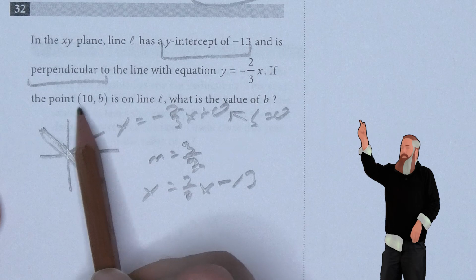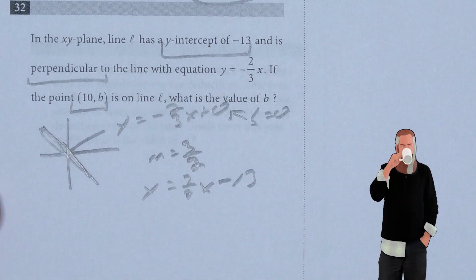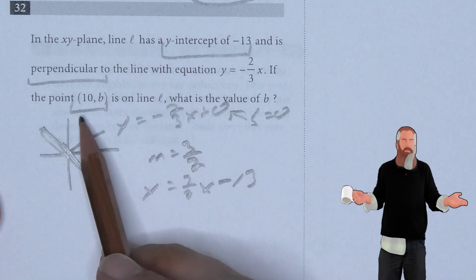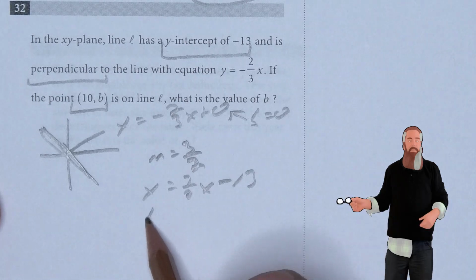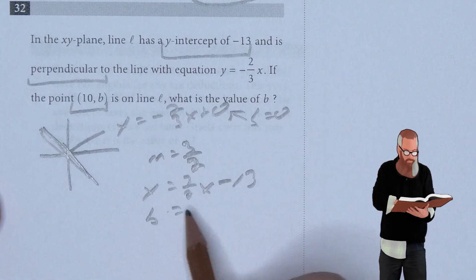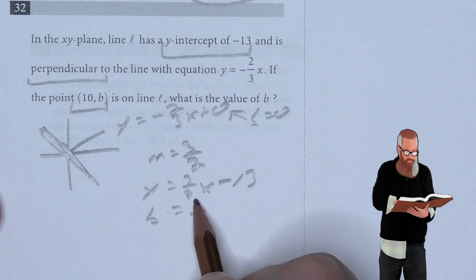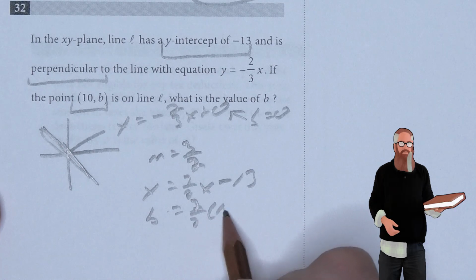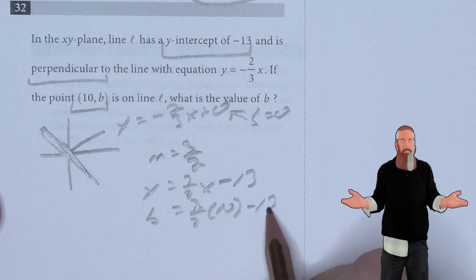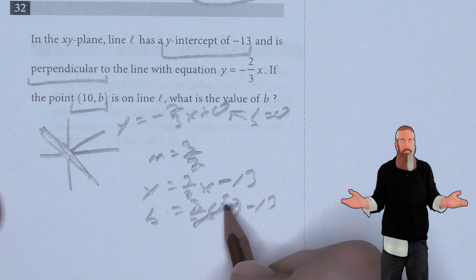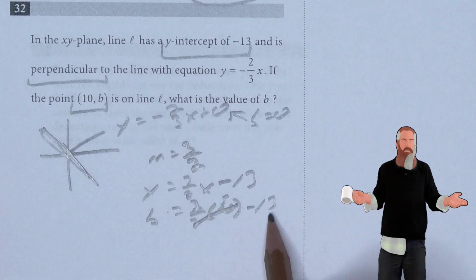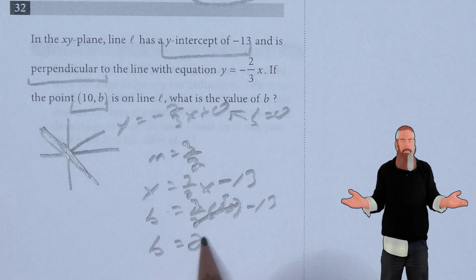Now we want to know what goes on at (10, b). What happens when x is 10? So b, now the new y, is equal to 3 over 2 times 10 minus 13. So that means 3 times 5, which is 15, minus 13, so b is 2.